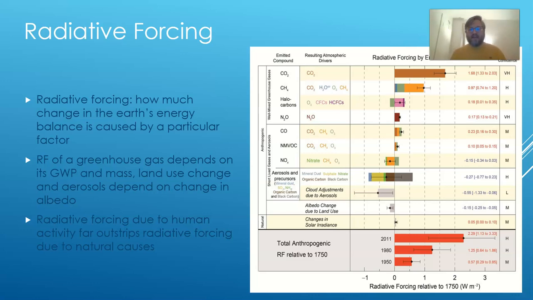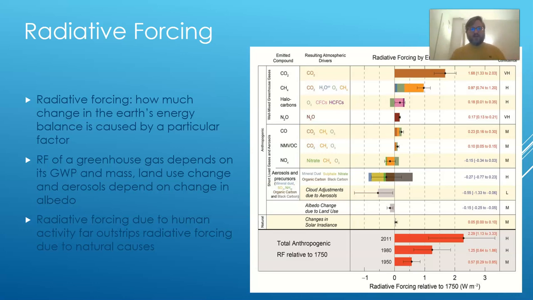That is the radiative forcing contributed by that thing. So greenhouse gases are the source of some of our major radiative forcings. Right? They are things that alter the Earth's energy balance. And the radiative forcing of a greenhouse gas is going to depend on its global warming potential and its mass. So how much warming does 1 kilogram of this gas do, and how many kilograms of it have we put into the atmosphere over and above what would be there naturally?